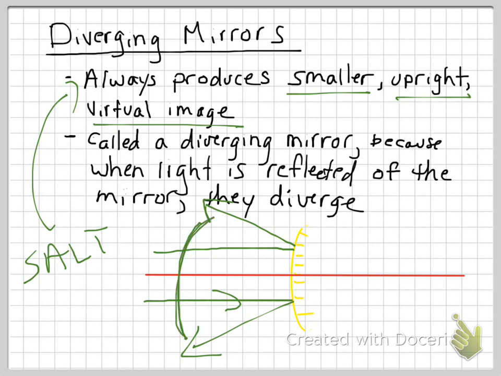It comes in parallel, and then reflects in such a way that the rays diverge or move away from that parallel axis, making the images a little bit more skewed and stretched out. If you look in the back of a spoon, your face always looks a little bit wider.